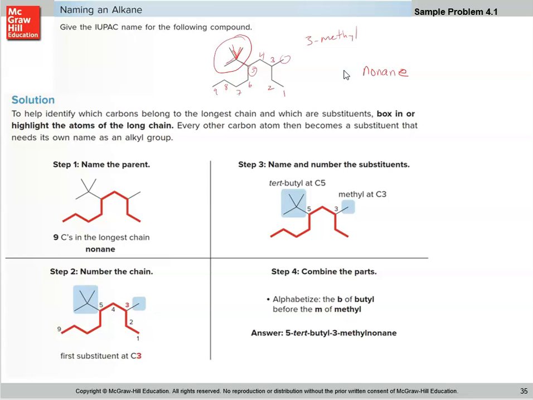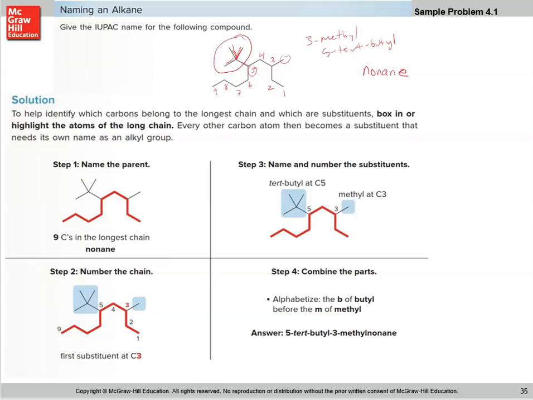So that's why we get the 5 tert-butyl. And this is where we have to look at the naming alphabetically.